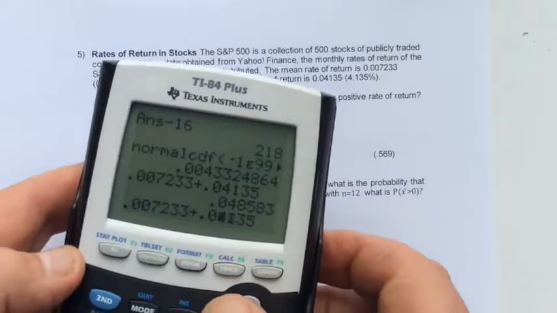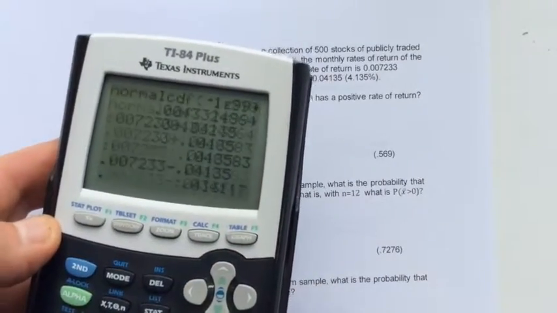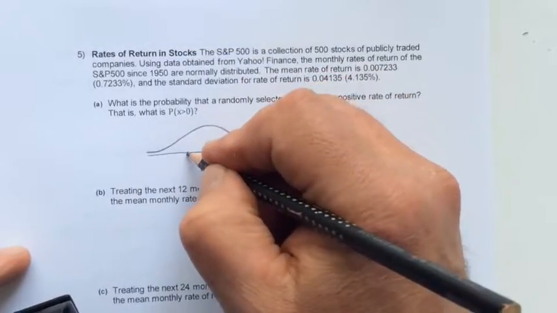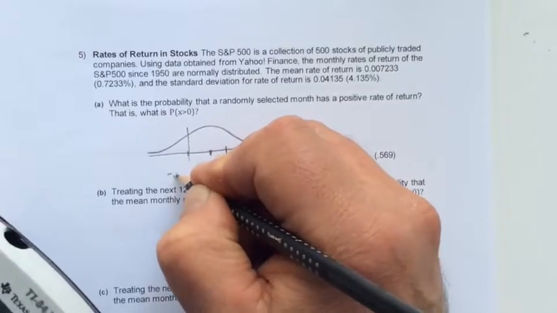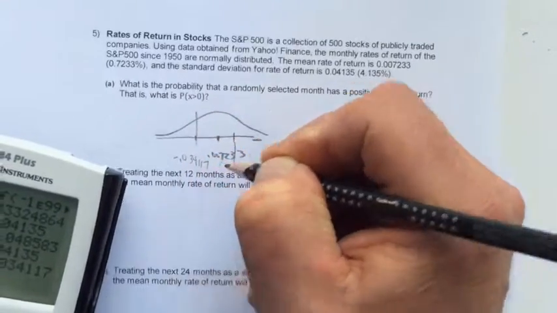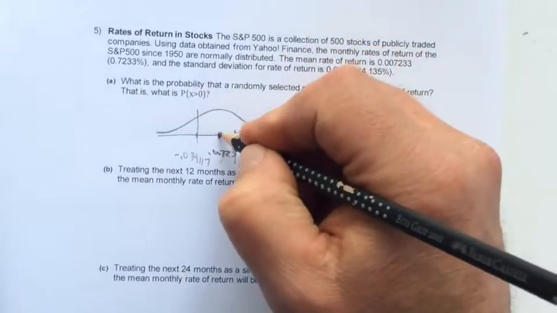And if we go one step down, it's negative 0.034117. Okay, so the center is right.